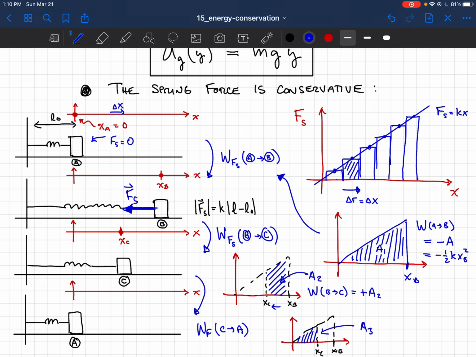So A3 is that little triangle, and the work done from C to A is equal to plus A3. Again, the work is positive in this motion from C to A because the force at this moment is some leftward pointing force, and the displacement over every little step is also leftward pointing, so you get a positive work.